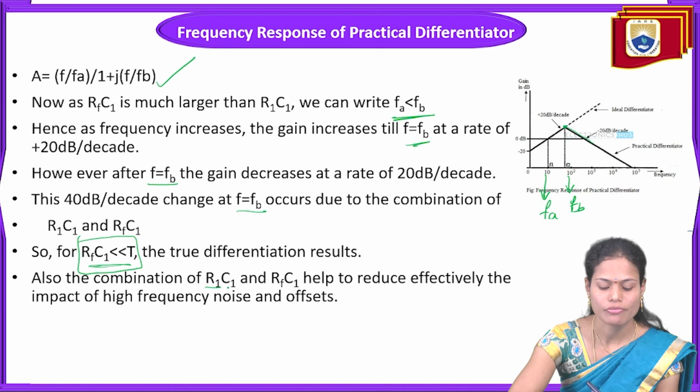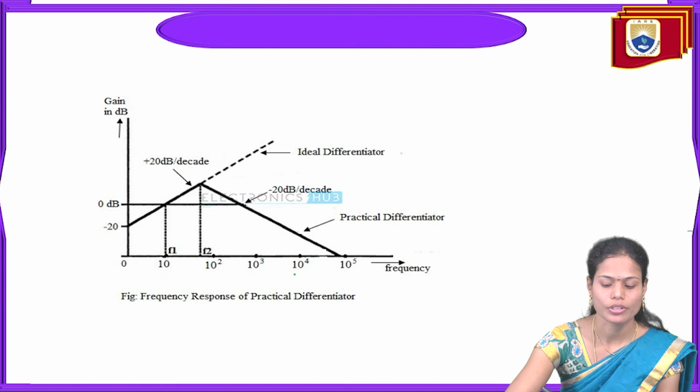So that's why we always have to choose proper values of all the resistances as well as capacitances to design this practical differentiator circuit. The same one I am showing here.